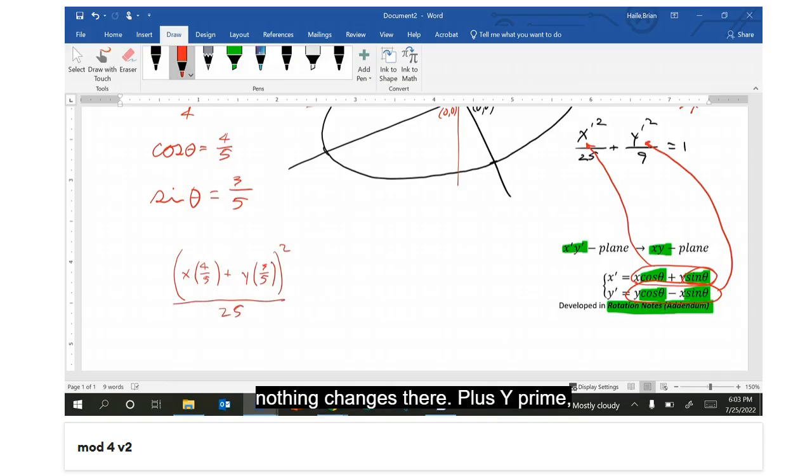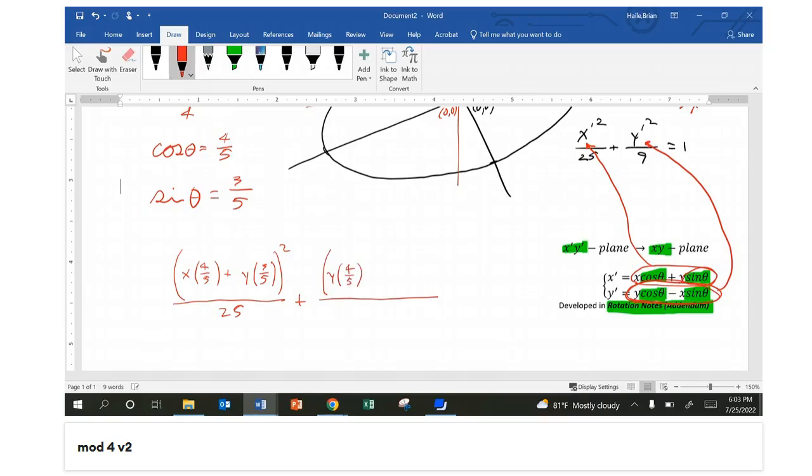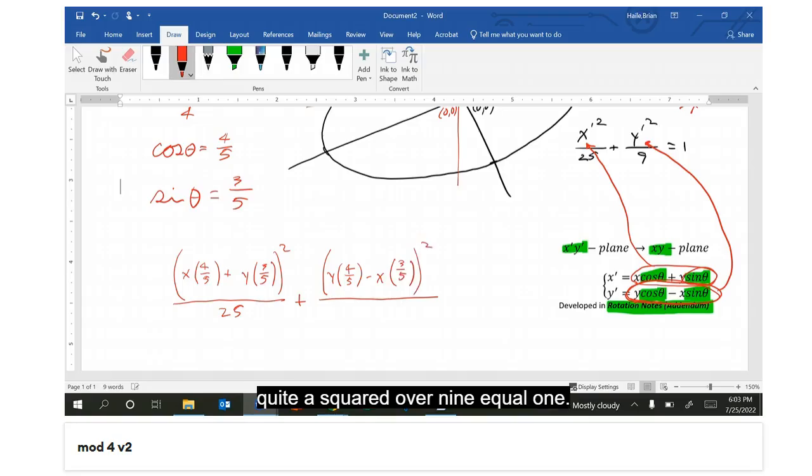Nothing changes there. Plus y prime gets replaced with y cosine minus x sine, so that's y times 4/5 minus x times 3/5 quantity squared over 9 equal 1.